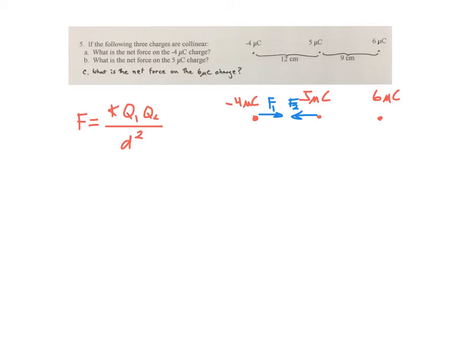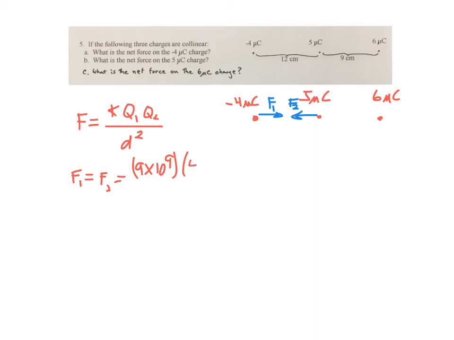I'm going to calculate those two forces, F sub 1 and F sub 2. So F sub 1 equals F sub 2 equals, I'm going to plug in Coulomb's constant, 9 times 10 to the 9th, times charge number 1. And we don't need to put the negative in there because that's already taken care of with the direction of the arrows in the diagram.